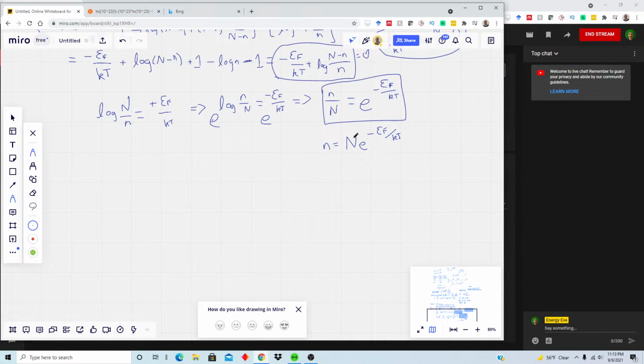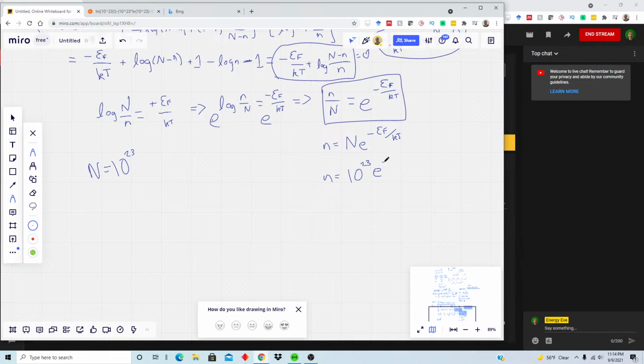And so let's say if we use Avogadro's number and we use the same values as before. So for our system, we have 10 to the 23rd atoms. And so if we're looking at the number of defects, say vacancy defects, 10 to the 23rd, this big N, times this E to the, say minus this.